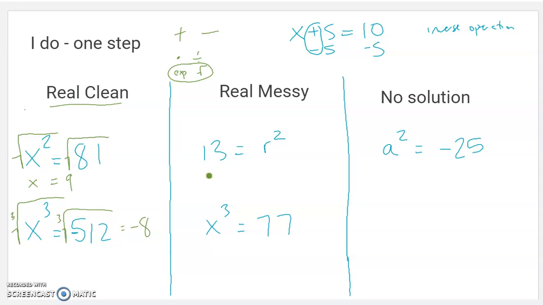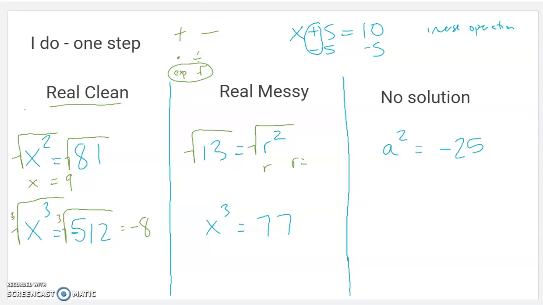Because when I look here, I say, okay, let's figure out what R is. Well, what's happening to R? It's being raised to the second power. It's being squared. So the inverse operation of that to solve for it is to take a square root. Then I'll just get R, the square root of R squared. Those are like opposite operations. They cancel out. And then I would take the square root of this side as well.